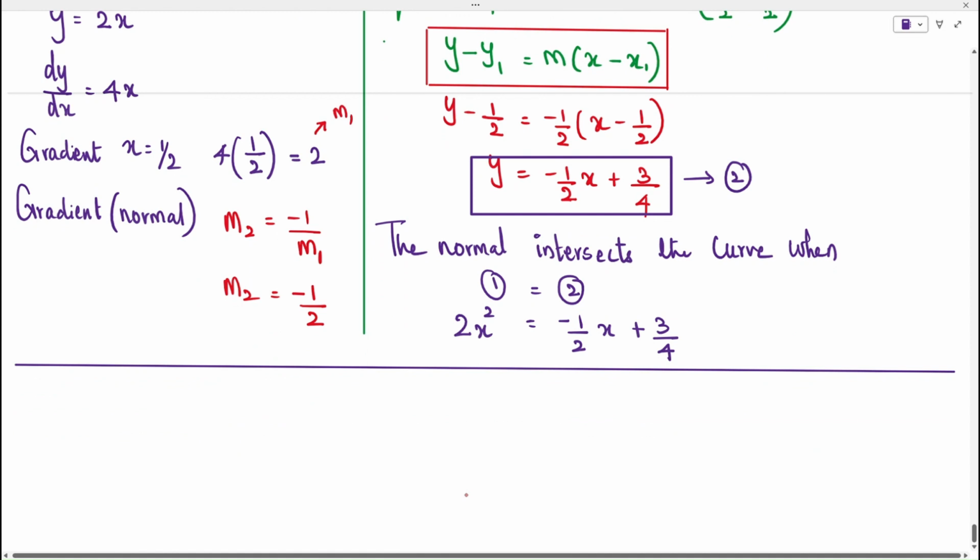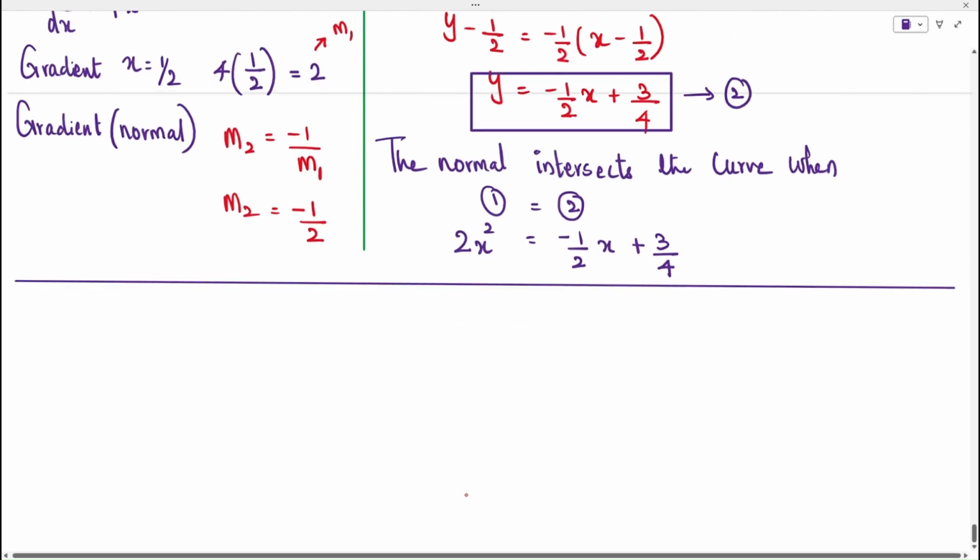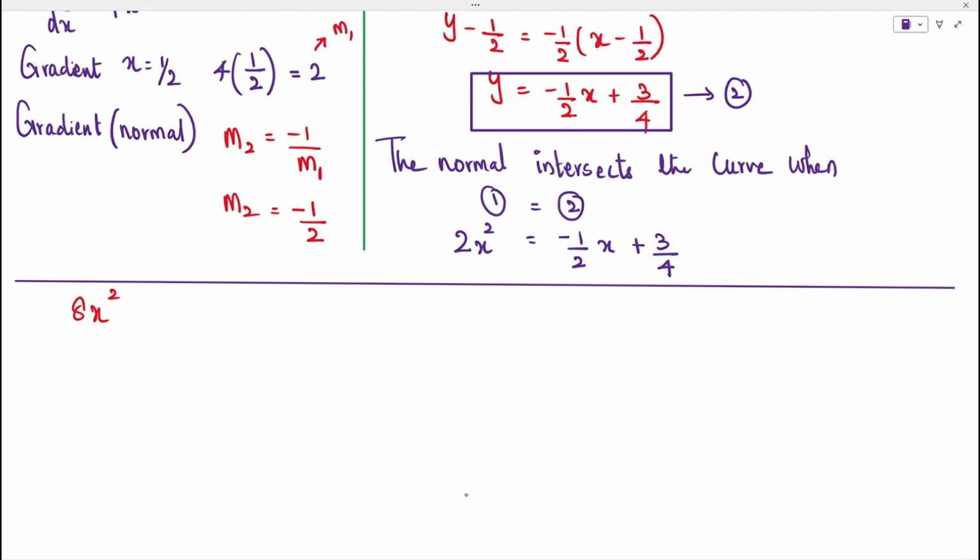The first thing that we're going to do is multiply our whole equation here by 4. So we will get 8x squared is equal to minus 2x plus 3.